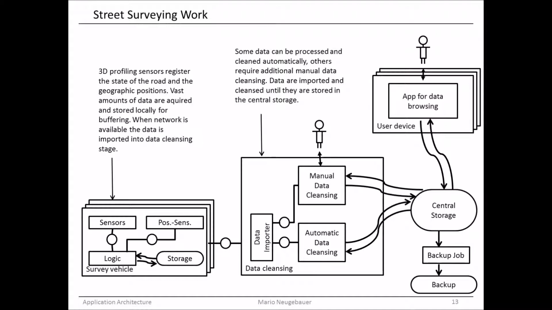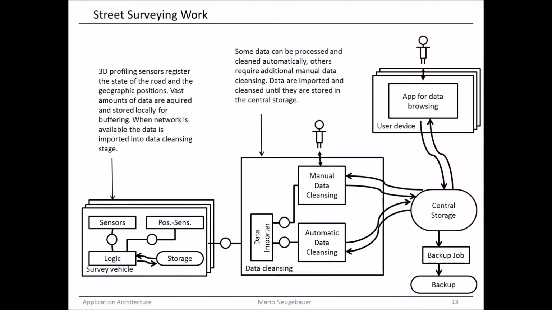The amount of data which is acquired here is quite large, and that's why it makes sense to store the data first in the vehicle, and when the network is available, for example when the vehicle is in the depot, then the data are synchronized via this interface into the centralized application.